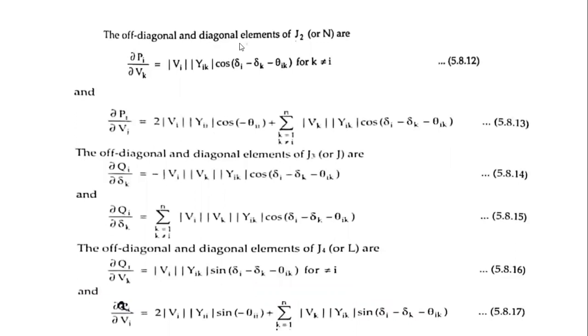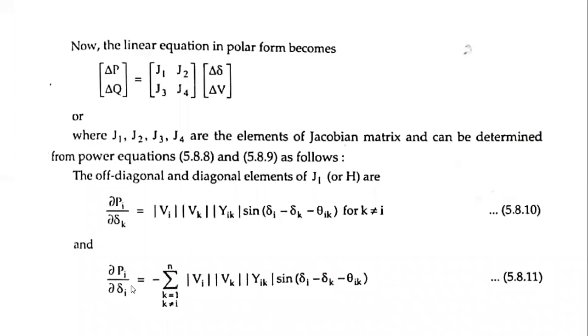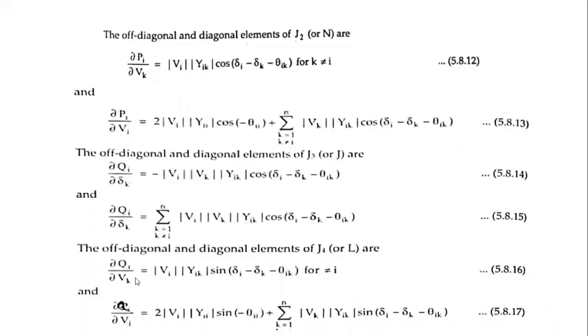Then the off diagonal elements of J2. What is dou Pi by dou Vk? Dou Pi by dou delta i and dou Pi by dou Vk. Then Vk gets cancelled, giving magnitude Vi, magnitude Yik, cos of (delta i minus delta k minus theta ik).